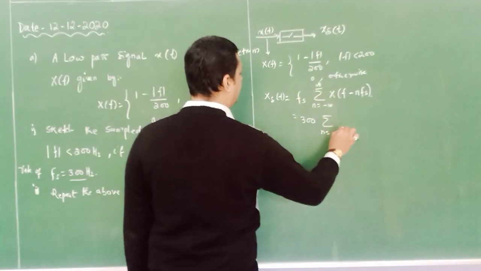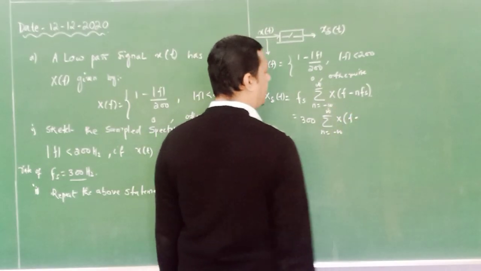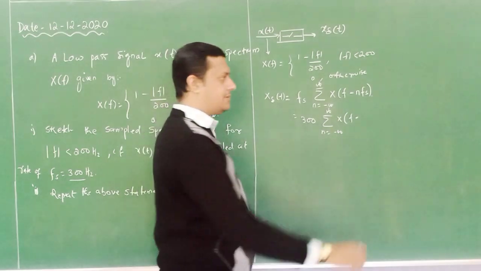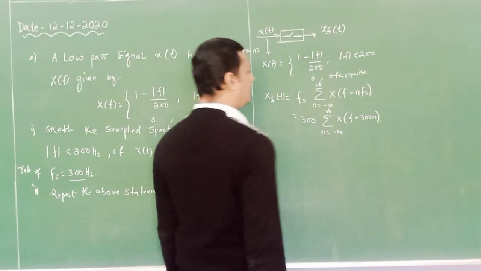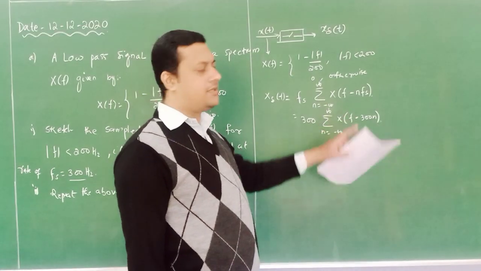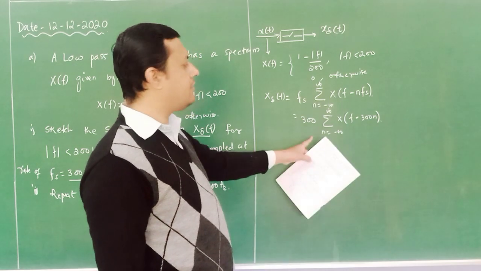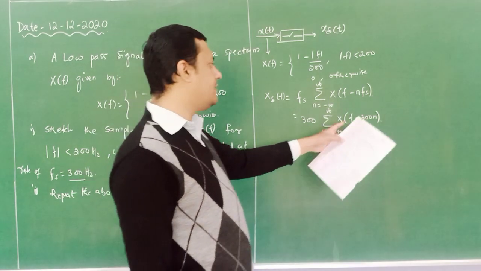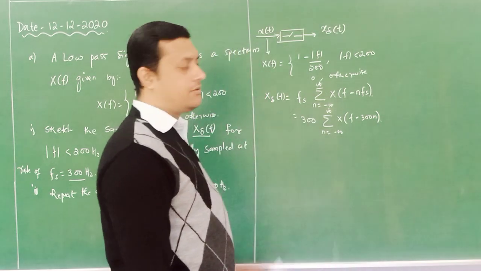That means it is X of f minus 300n. Now if you substitute n equal to plus 1, f minus 300 will come, and if you substitute n equal to minus 1, then f plus 300 will come. That we need to represent.